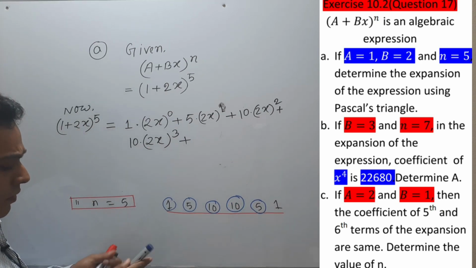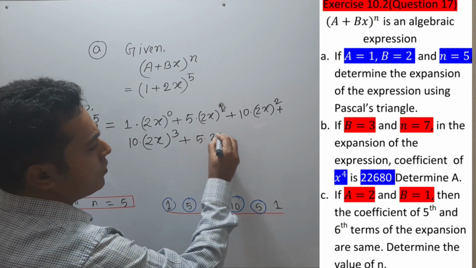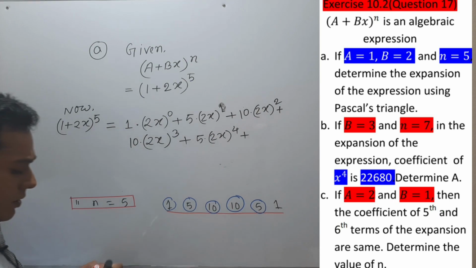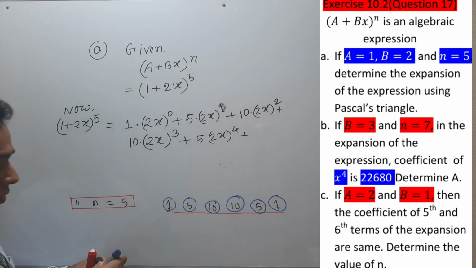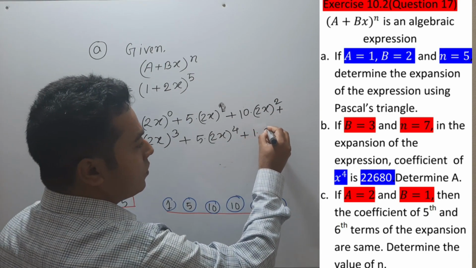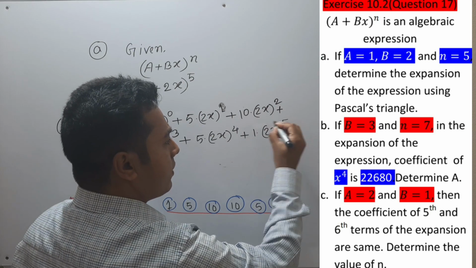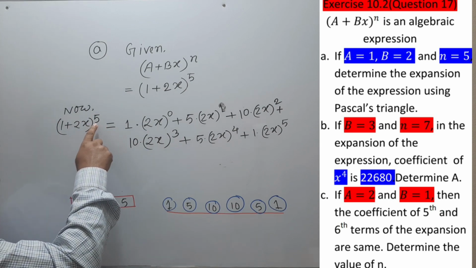Okay, so 5 into (2x)^4, and last coefficient is 1. Okay, so 1 into (2x) whole to the power 5. Okay, our n, the value of n is equal to 5.